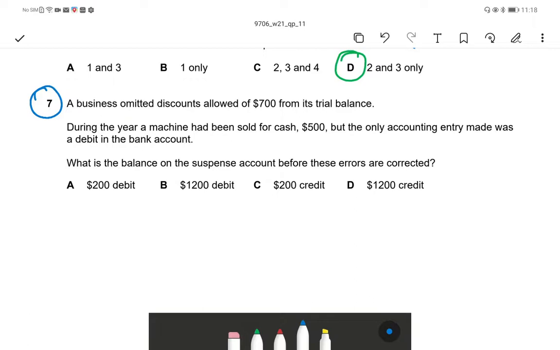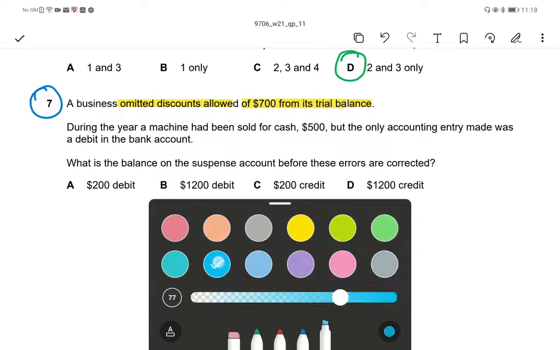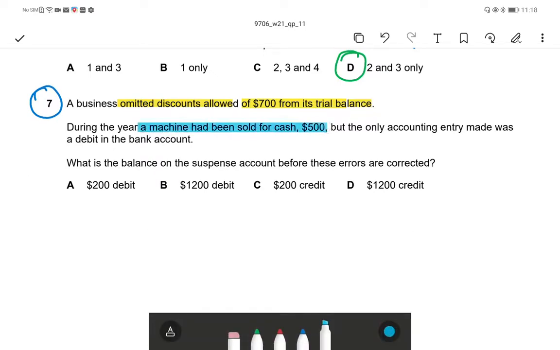A business omitted discount allowed of $700 from its trial balance. During the year, a machine had been sold for cash of 500, but the only accounting entry made was a debit in the bank account. What is the balance on the suspense account before these errors are corrected? Suspense accounts are temporary accounts a business opens when there is a difference in the trial balance.